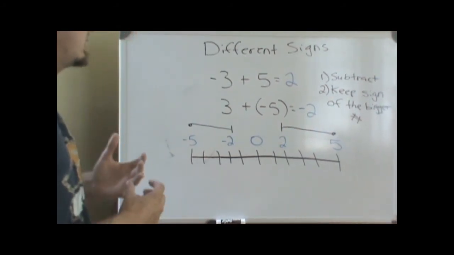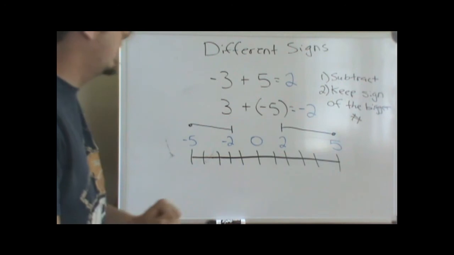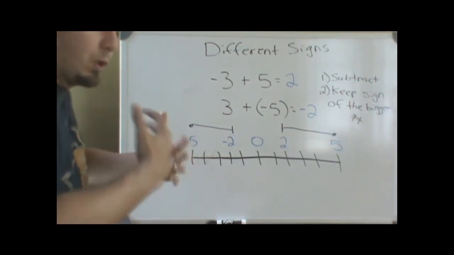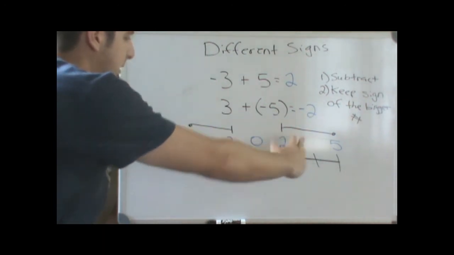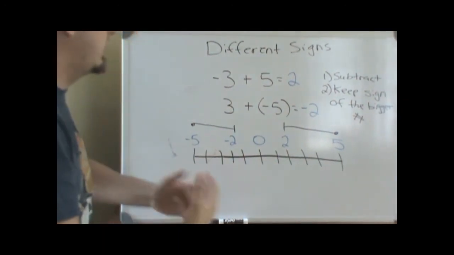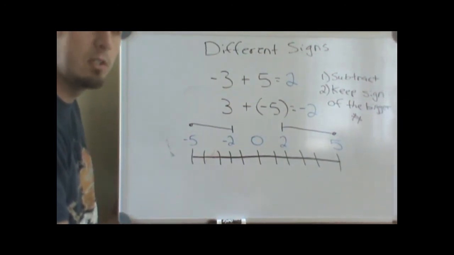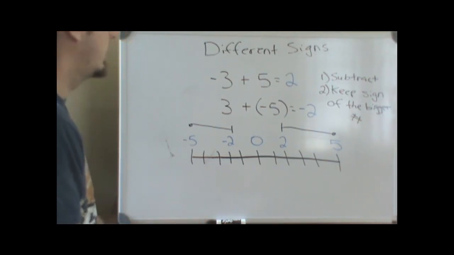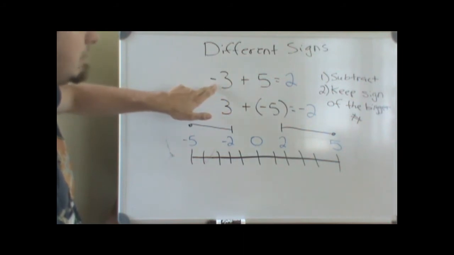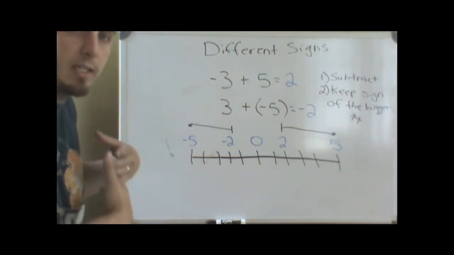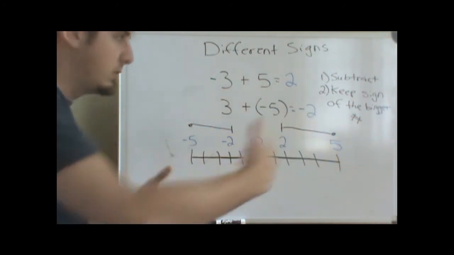So again, it's the reason why we keep the sign of the bigger number, it's because the bigger number absorbs the smaller number. And the smaller number can't get back to the other side of 0 to change the sign of the answer. It's too far away from 0. It's kind of like saying we're 5 miles from 0 and we head 3 miles back towards 0. Well, you're not going to get back towards or across 0 that way.